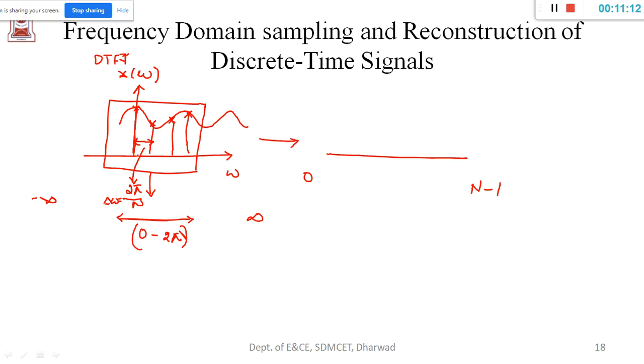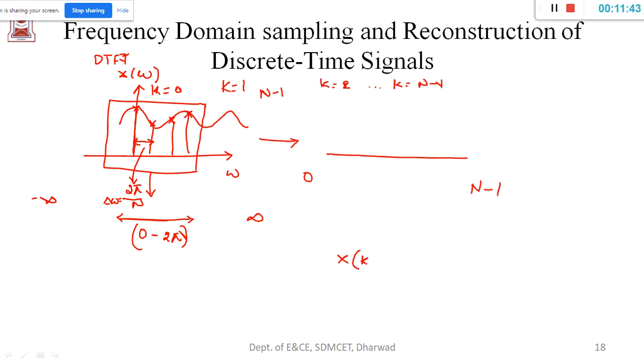Of such, how many cycles are we considering? N number of cycles: this is k equal to 0, the 0th cycle. Similarly we go for k equal to first, k equal to second, and the last will be k equal to N minus 1. So from 0 to N minus 1, what is the value of x of k?